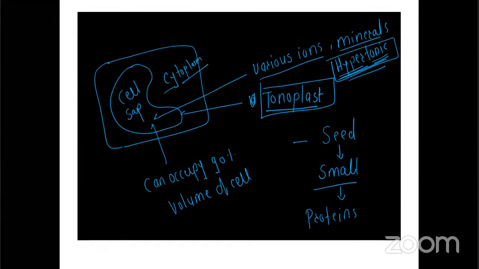Here you can see this is a tonoplast, and this tonoplast is semi-permeable. It is selectively permeable. It means it allows only certain substances to enter into the cell sap.